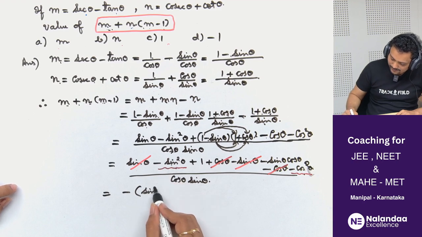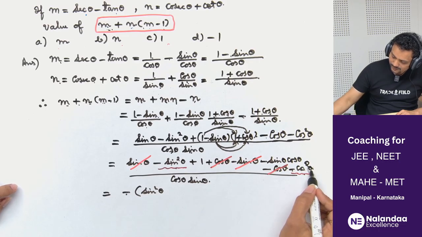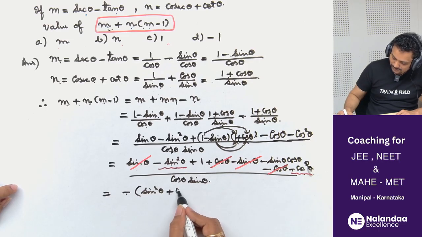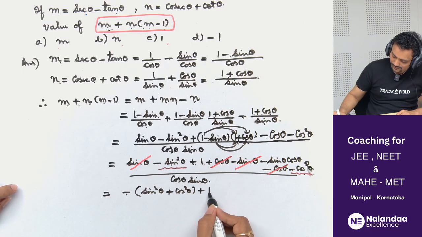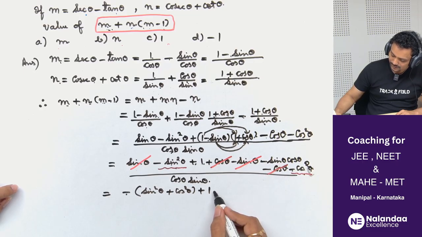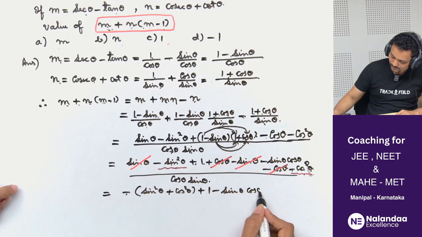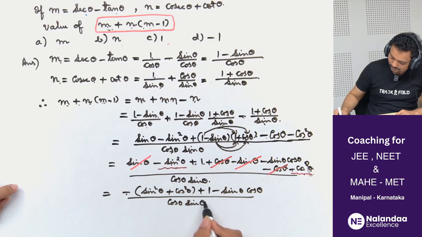Here I will get sin square theta, and since I have taken minus common, this will be plus cos square theta, and this plus 1 I will write as it is, and there is one term minus sin theta cos theta here, whole thing divided by cos theta into sin theta.